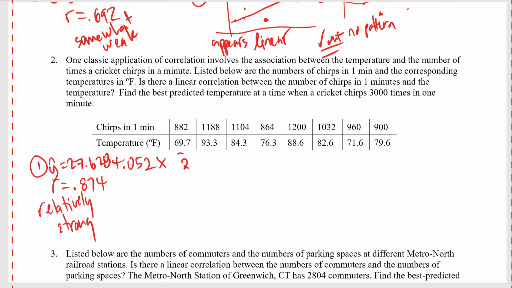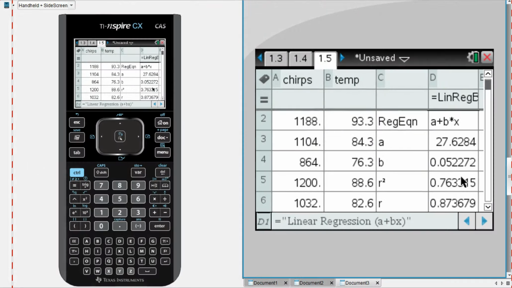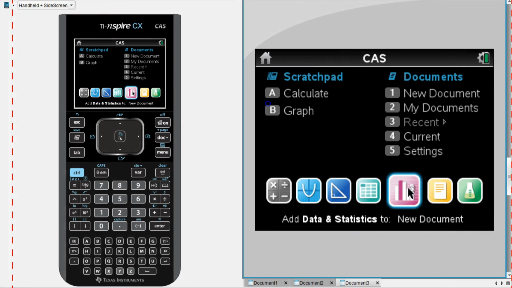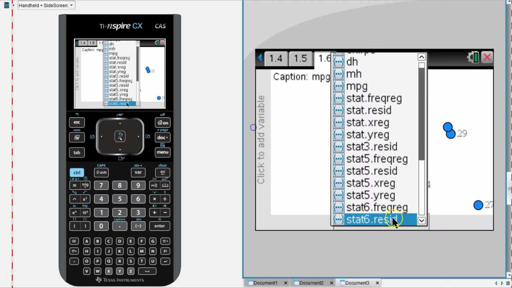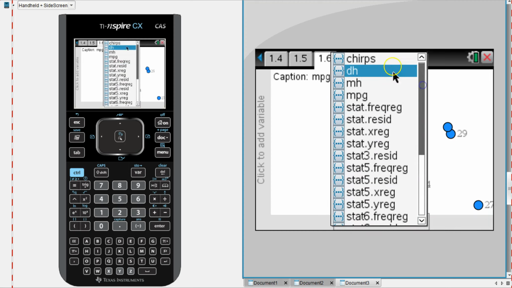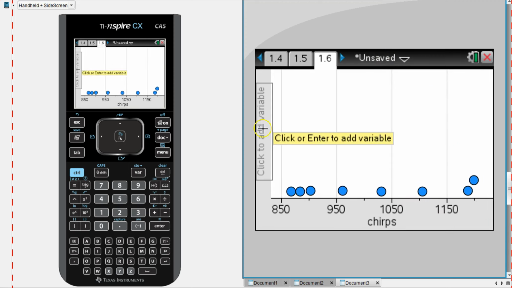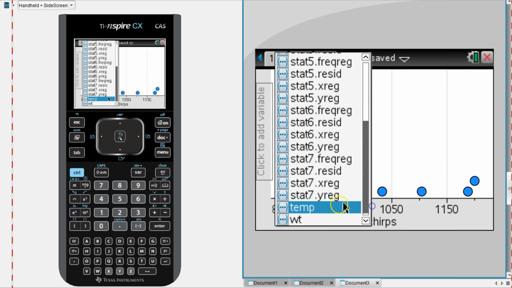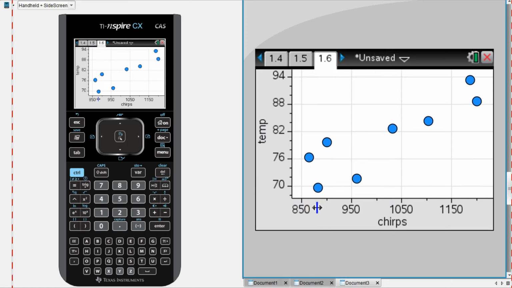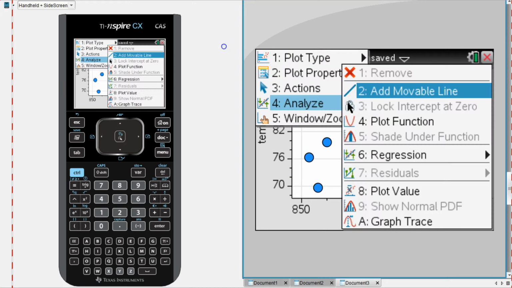So two, we're going to look at the graph. Does the graph itself appear linear? Well, chirps and temperature. Let's graph it. Go down here on the X, toss chirps. On the Y, temperature. Does that appear to have an overall linear trend? If you want to add the line to this, you can.